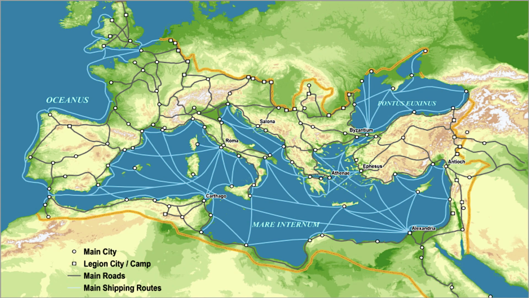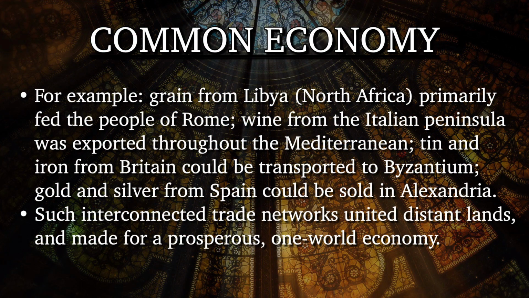Many of these naval channels are the ones that Paul himself took during his missionary journeys, and so you can look at that more closely later on as we work through. And so what we find is this unprecedented economic boom that comes because of the infrastructure and the military peace.